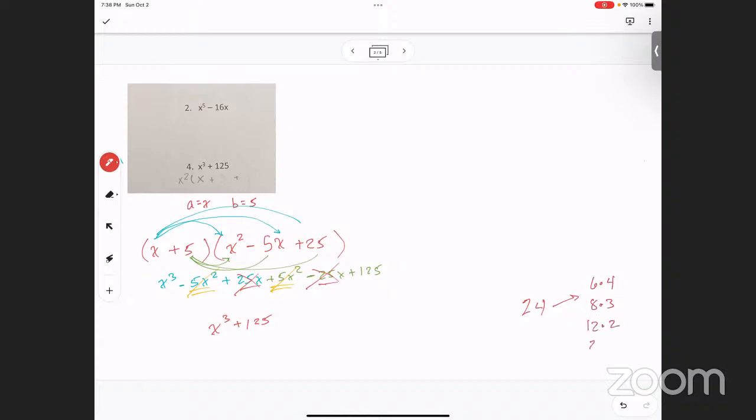Or you can write 2 times 2 times 2 times 3. So these are all equivalent expressions to 24, but they're factored. They're written as a product of its factors, right?